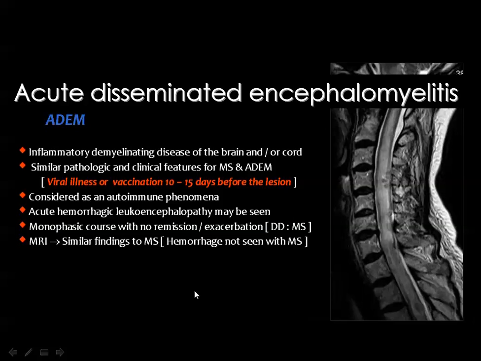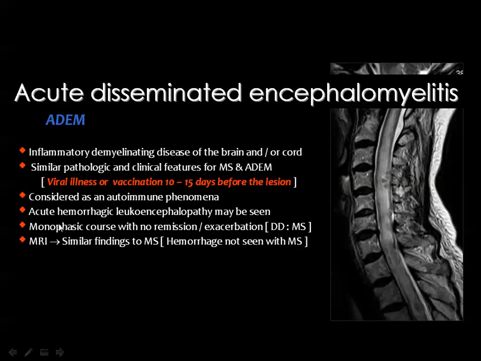The diagnosis of acute disseminated encephalomyelitis depends mainly on the history, since the appearance in the brain as well as in the spinal cord may simulate the appearance of MS plaques, and sometimes the clinical features of both diseases may overlap.